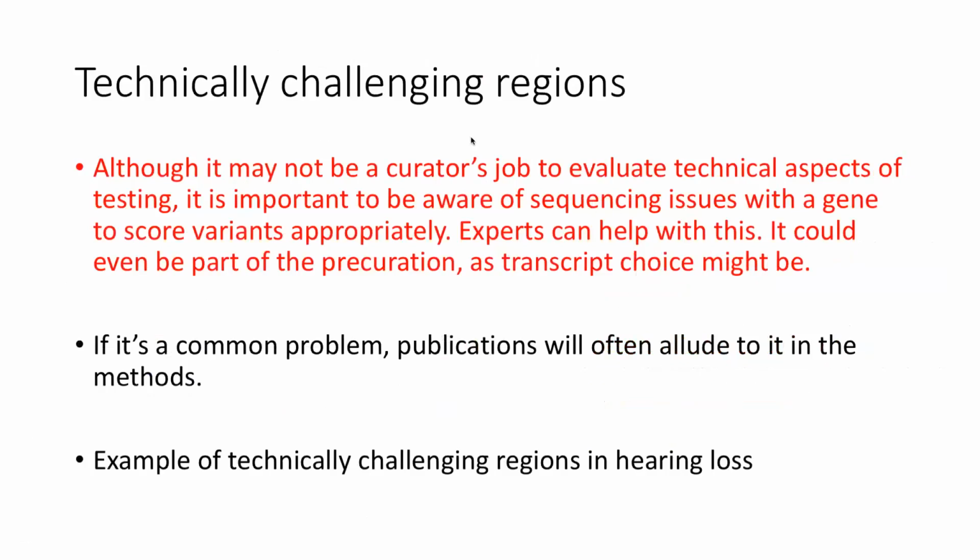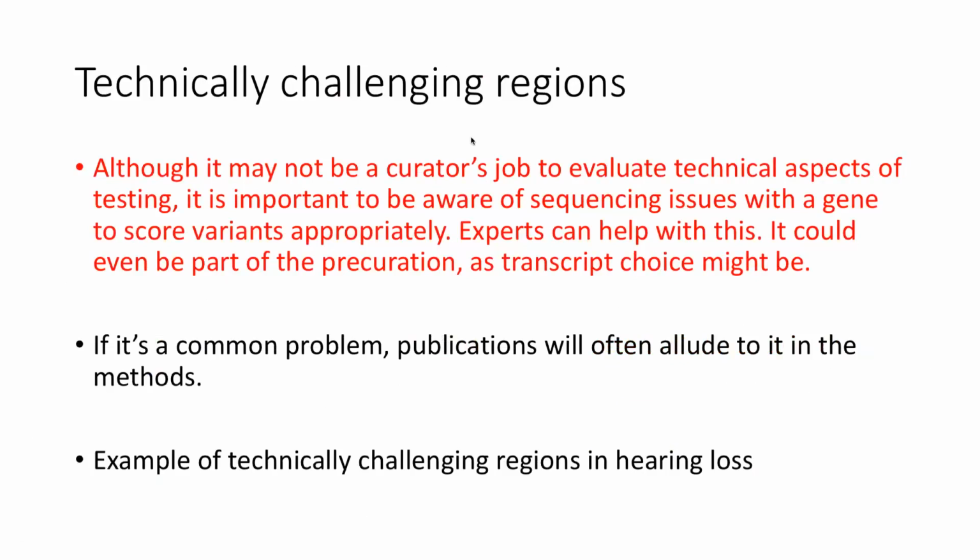And it might be important to be aware of these when scoring variants for gene curation and also just classifying variants in general. I can say that experts are perfect for this, so even if they aren't 100% experts on the ClinGen gene curation framework, they should be able to tell you, oh yes, this gene has high homology with a pseudogene. You really need to find other ways to detect variants for this. You can't use NGS.